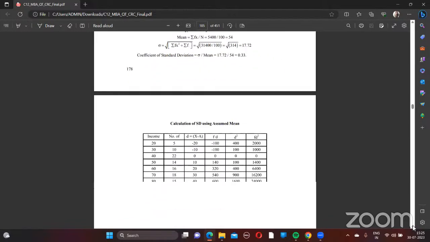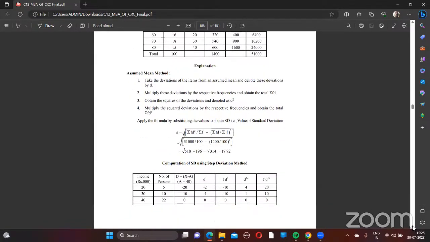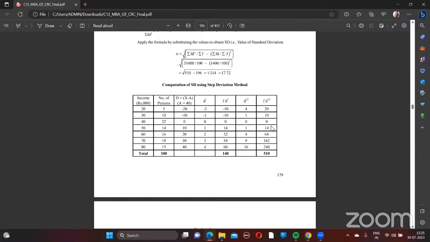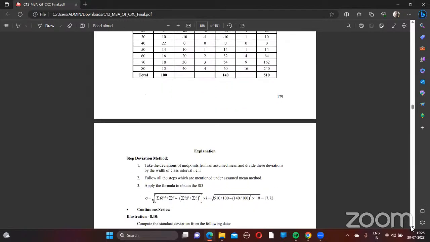That is very, very important. This is normally a standard deviation with the step deviation method, what we can learn. The subject is statistics, quantitative techniques actually. Quantitative technique for decision making.